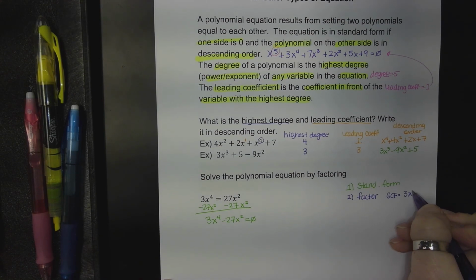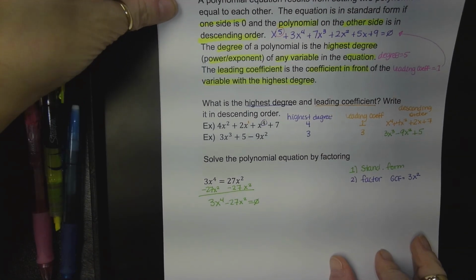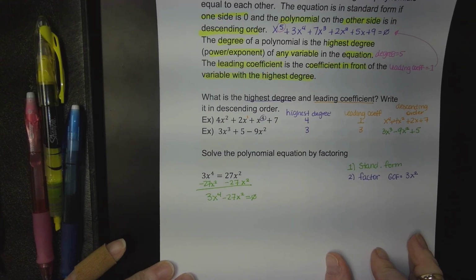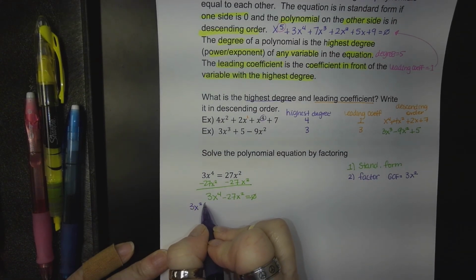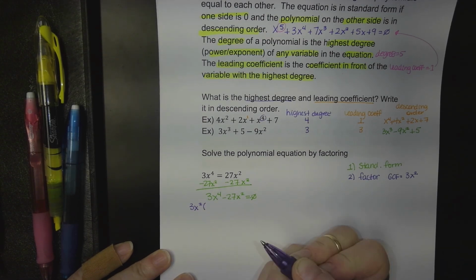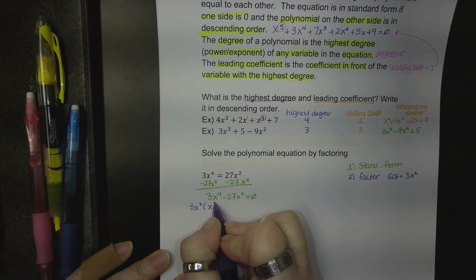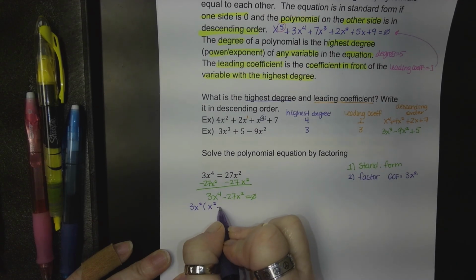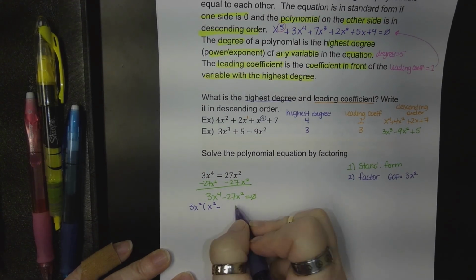So 3x squared would be their greatest common factor. So let's factor a 3x squared out of both of them. Take 3x squared from 3x to the 4th, we're left with x squared. We take 3x squared from 27x squared, we're left with a 9.